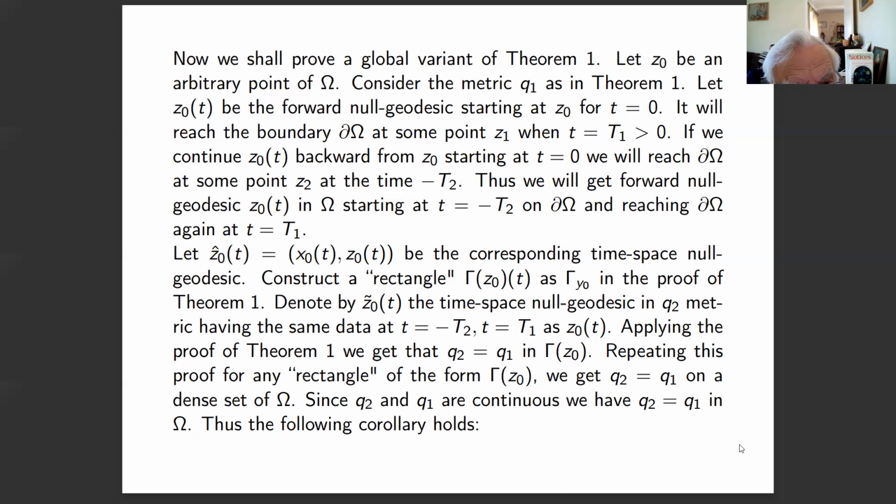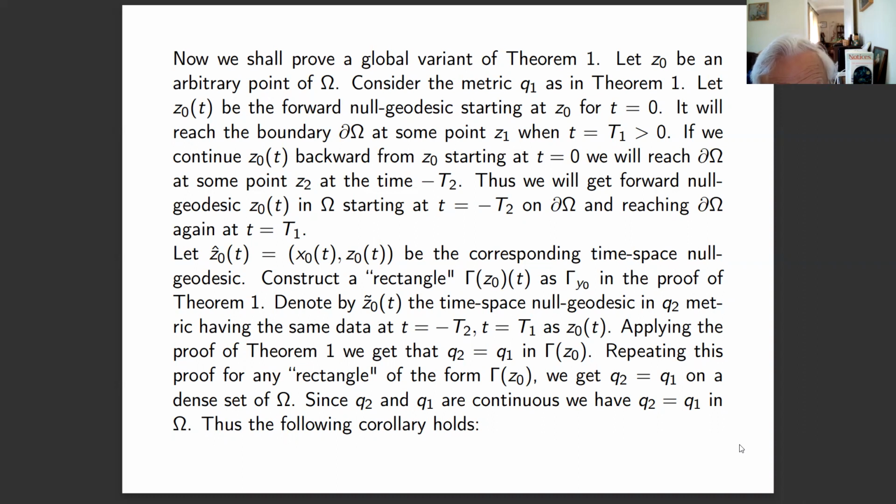So now let z hat equal x0, z0 be the corresponding time-space geodesics. Construct a rectangle gamma 0 of t as we constructed gamma y0 in the proof of theorem 1.